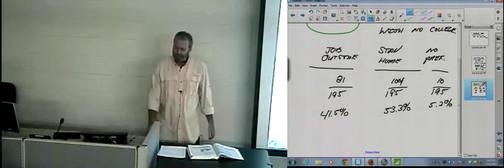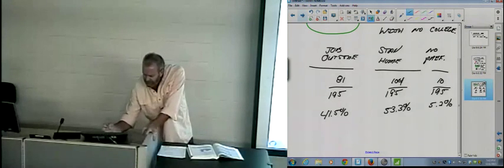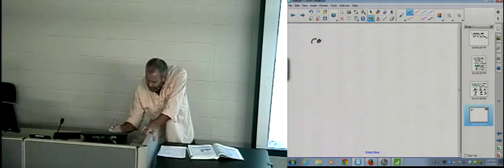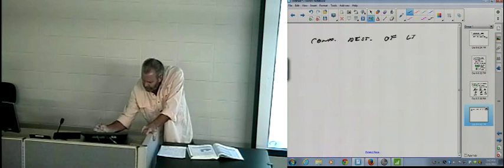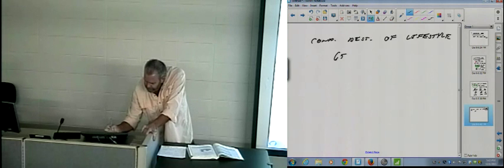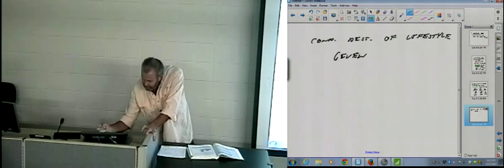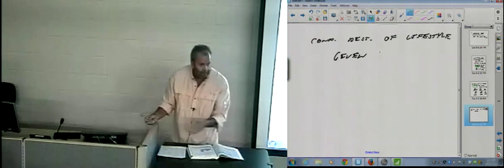Let's do another one. Let's look at the conditional distribution of lifestyle, your column variable, given, okay, well, let's look at men with no college.